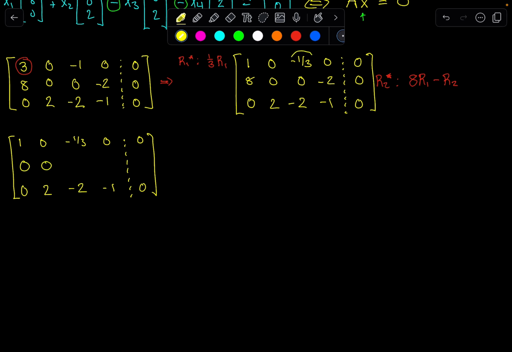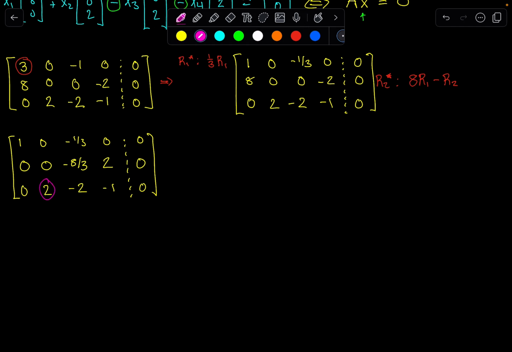Now, if I multiply this by 8, I get negative 8/3, and then I'm subtracting 0, so that's negative 8/3. And then lastly, I multiplied 0 by row 1, or 8 by row 1, which is 8 times 0. And then I subtracted row 2. So this is now a positive 2 and then a 0. Okay. So now let's see. My next pivot is actually here.